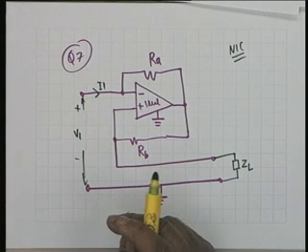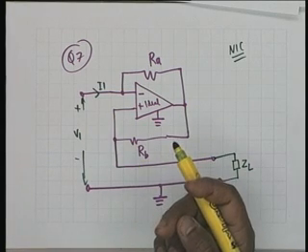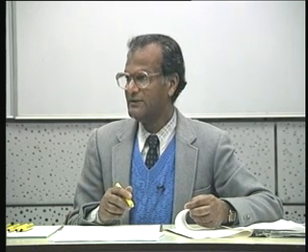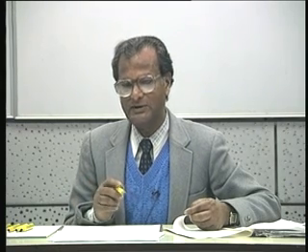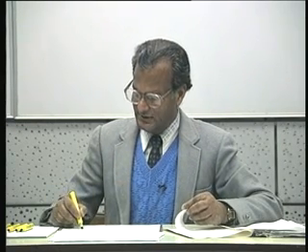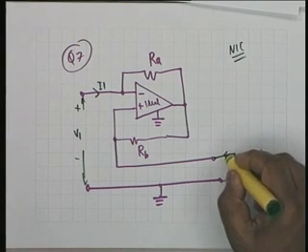The proportionality constant can be anything, okay, as long as the impedance is proportional to the negative of the terminating impedance, it is an NIC. So this voltage is V2 and this current is I2.